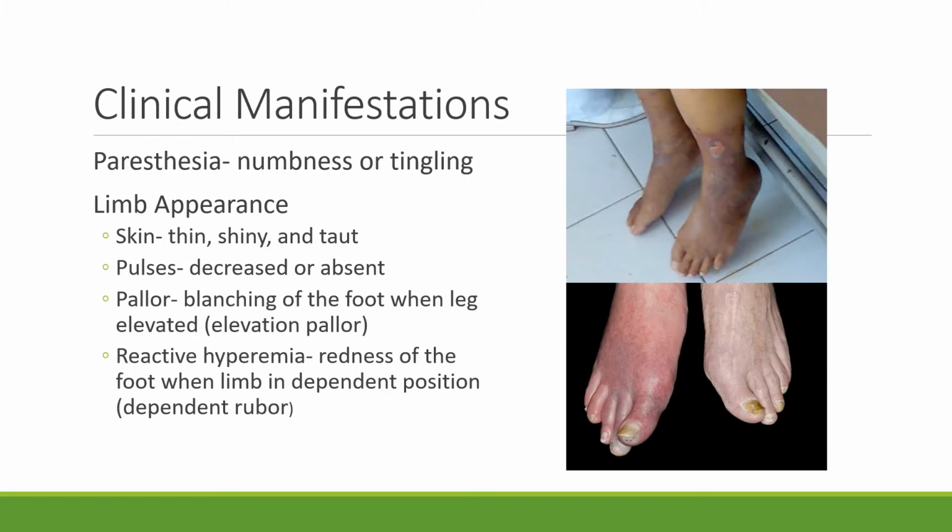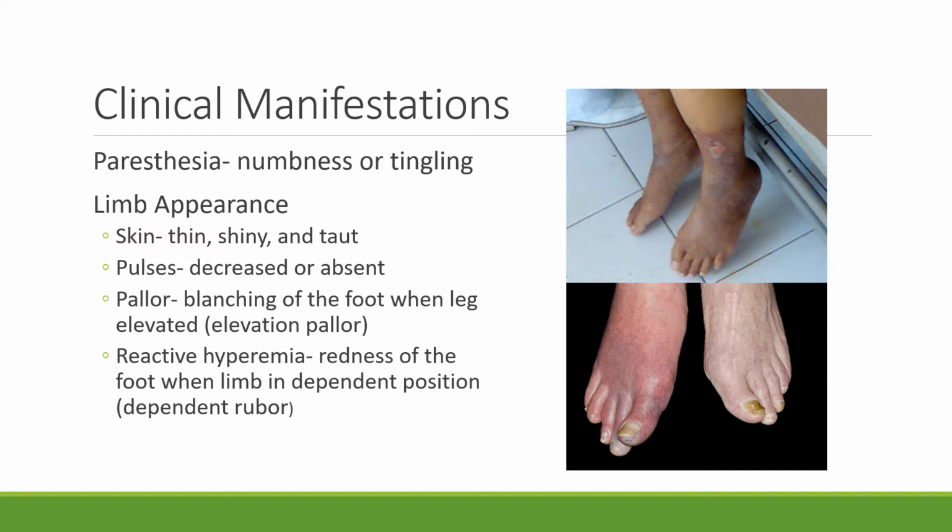The severity of peripheral arterial disease symptoms depends on the site and the extent of the blockage and the amount of collateral circulation that the patient may have. Paresthesia, which is numbness or tingling in the toes or feet, may result from nerve tissue ischemia.